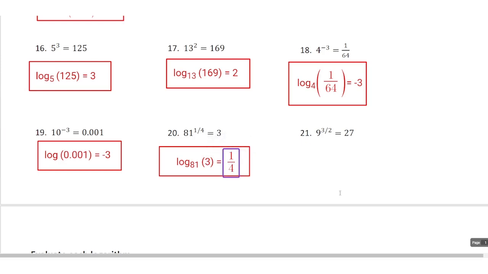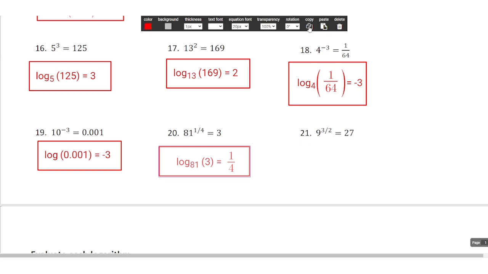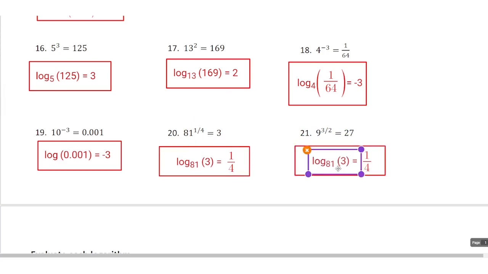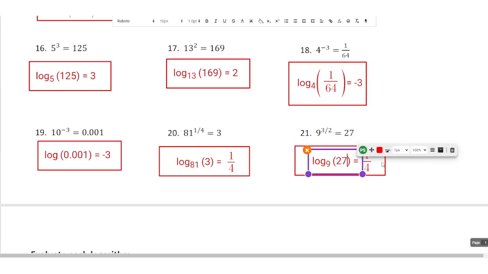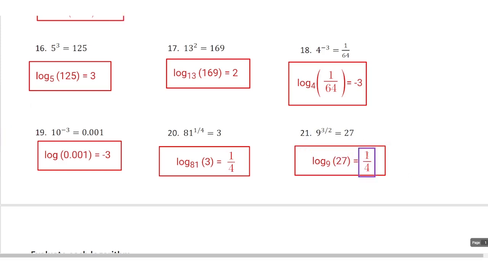So because the fourth root of 81 is 3, or 81 to the 1/4 power is 3, either way, we can say that log base 81 of 3 is 1/4. Number 21, very similar situation here. You can see how the structure of problem number 21 is basically the same as number 20. So the base is 9. The power is 27. And the exponent is 3/2.